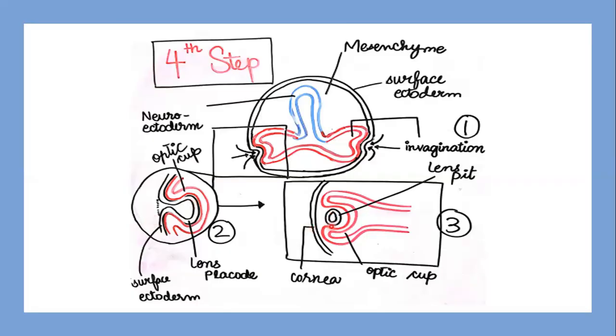Now, after it has been separated from the surface ectoderm, it will be the lens pit, and the structure surrounding it is the optic cup. So this optic cup will protect the lens pit, right? So what happens next?